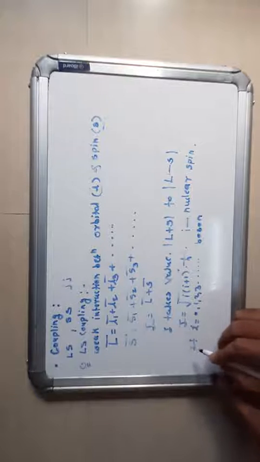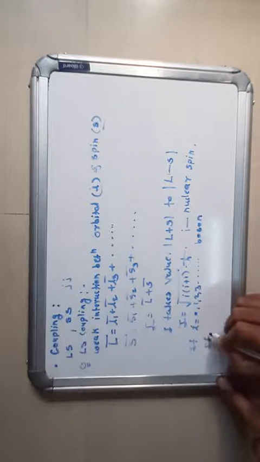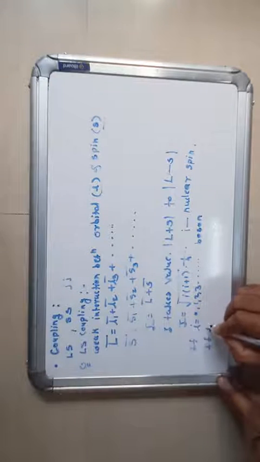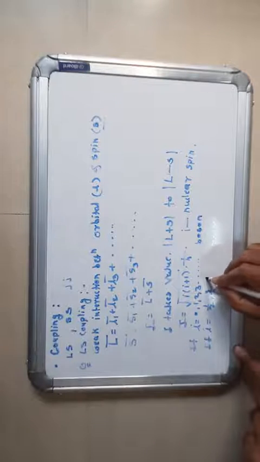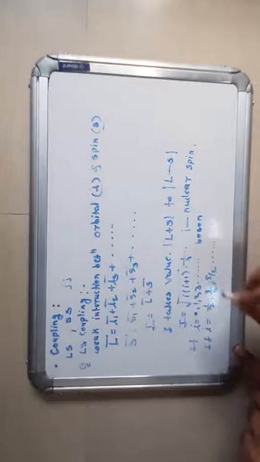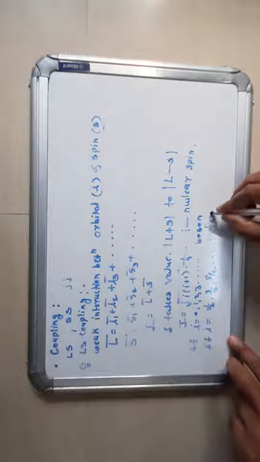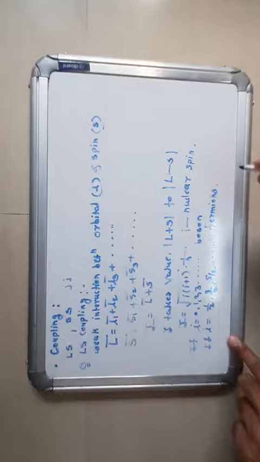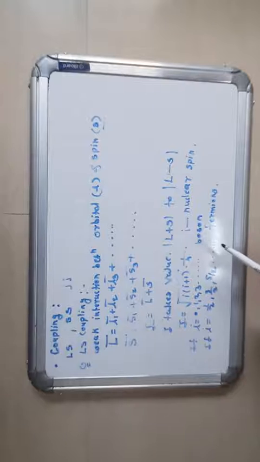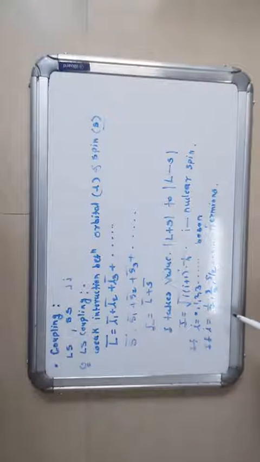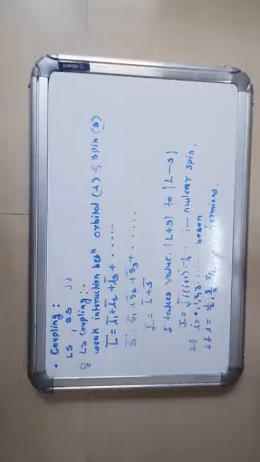And if the value of I is equal to 1 by 2, 3 by 2, 5 by 2 and so on, then it is called a fermion. If I is 0, 1, 2, 3, these are called boson particles, and if I is half-integer, these are called fermions. Must remember, this is a very important point.